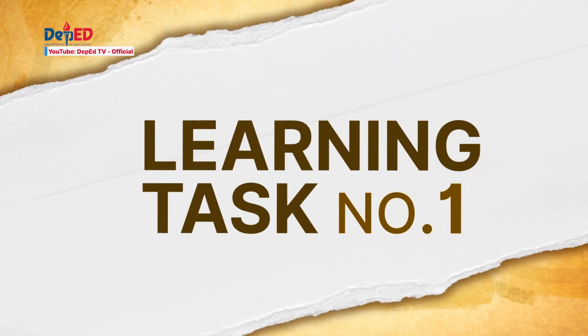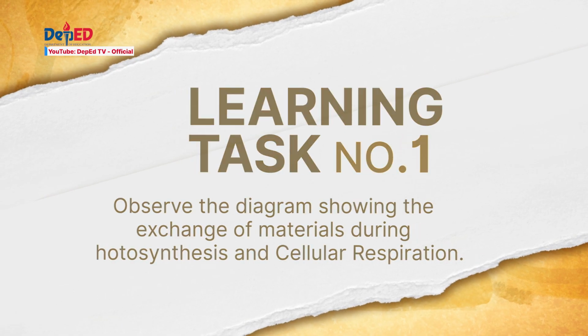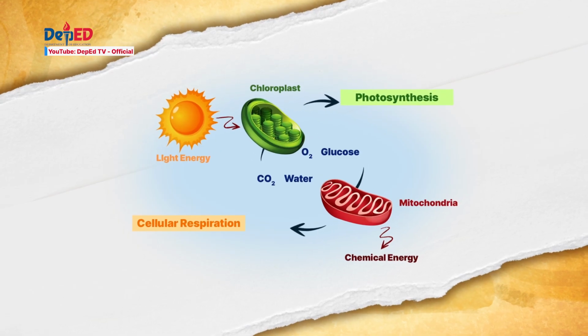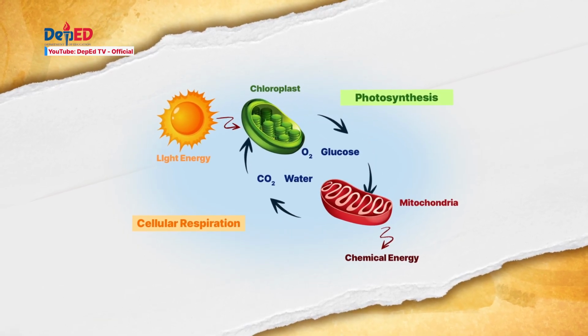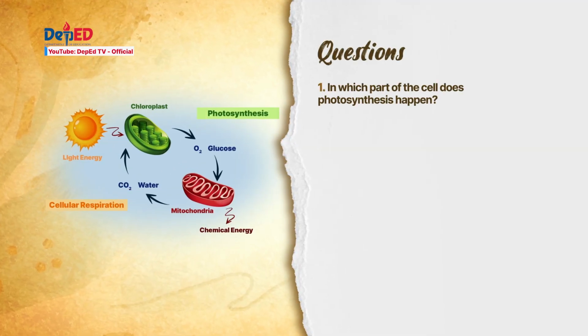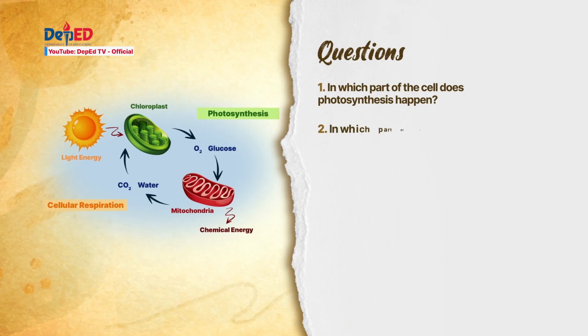For our learning task number 1, you will observe the diagram showing the exchange of materials during photosynthesis and cellular respiration. Then, you will answer the guide questions. Here are the questions. Number 1. In which part of the cell does photosynthesis happen? Number 2.